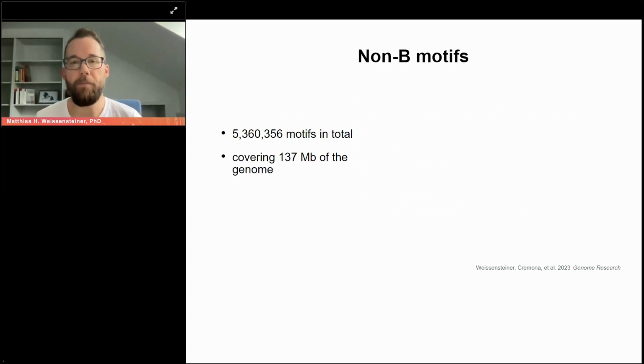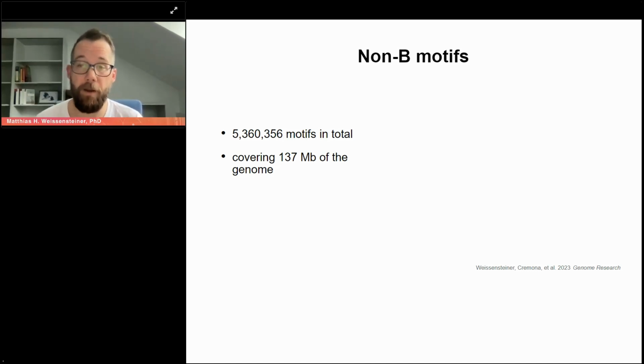Okay, and then first off, we started by gathering the annotations for the non-B motifs. So before I've shown this NB-MST tool, which is essentially a collection of tools used to annotate any given sequence for these non-B forming motifs.